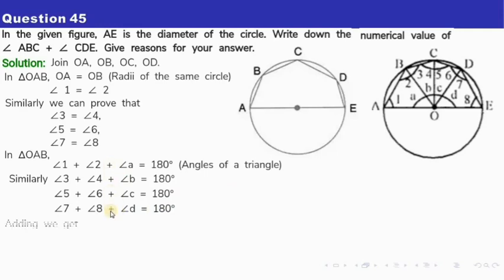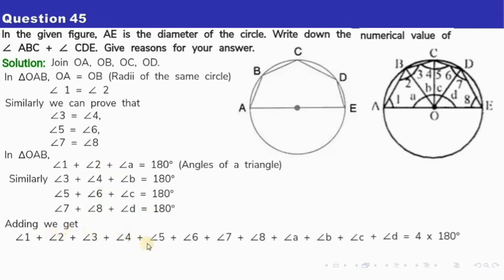So adding, on the left hand side we get, see here very carefully, angle 1 plus angle 2 plus angle A for the first one. For the second, it is angle 3, angle 4 and angle B. For the third one, it is angle 5, angle 6 and angle C. And the last one is angle 7, angle 8 and angle D.